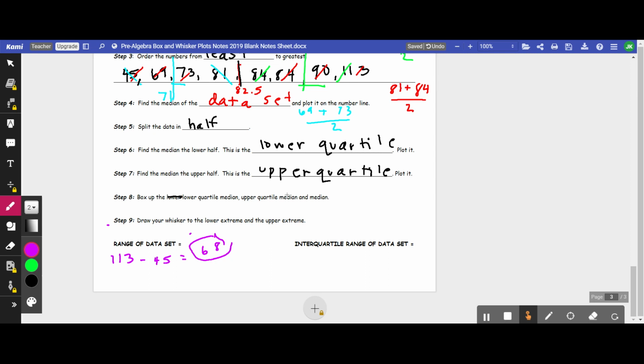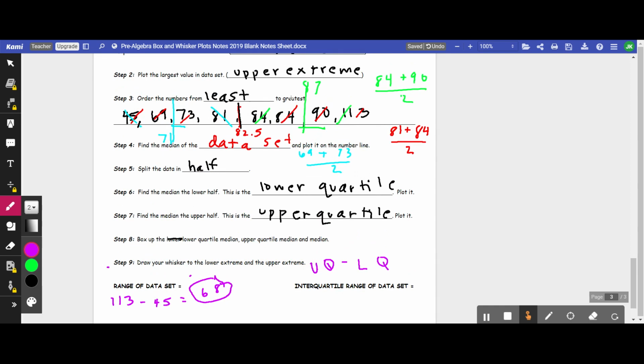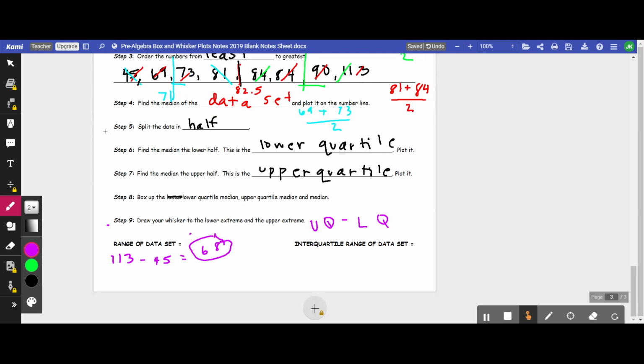And then for your interquartile range, just remember, this is also the length of the box. It's your upper quartile minus the lower quartile. So we figured out that our upper quartile was 87, the median of the upper half of your data. And then your lower quartile was the median for the lower half, which was 71. So you can do 87 minus 71 to get it.